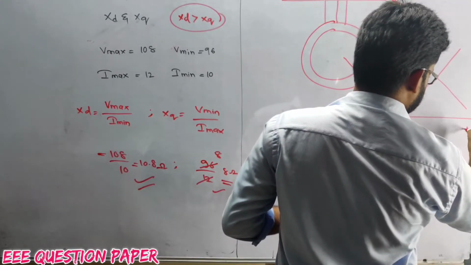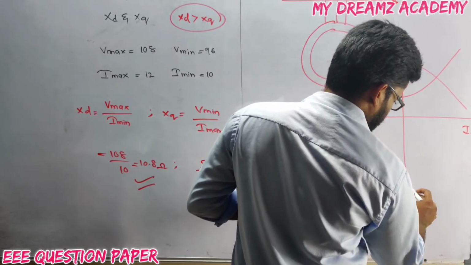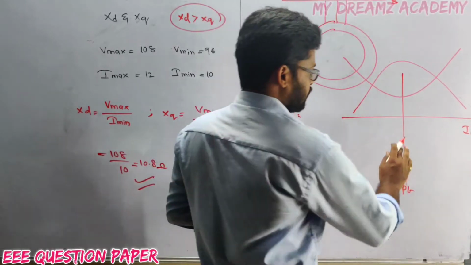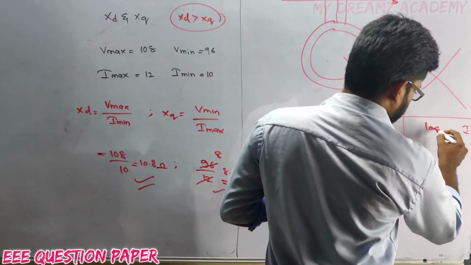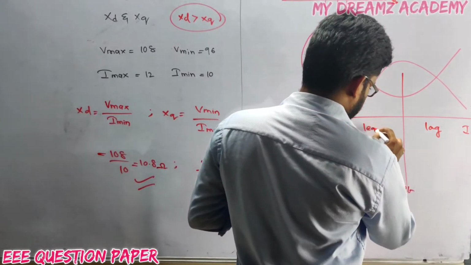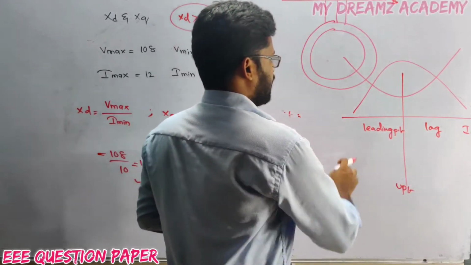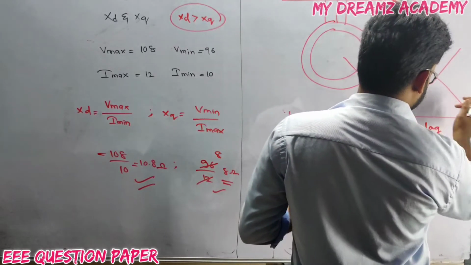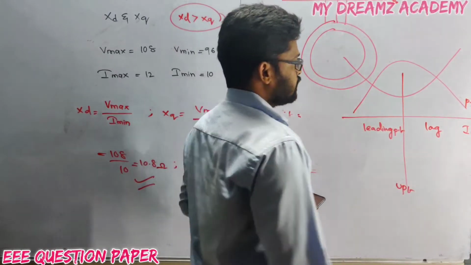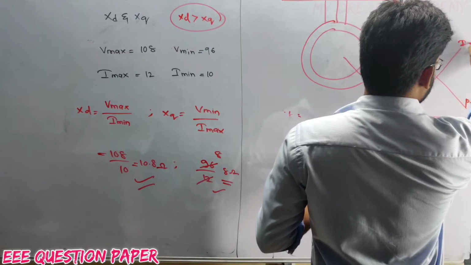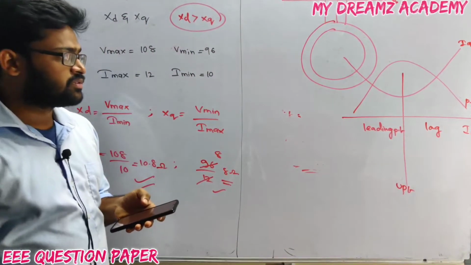This is the field current. This is UPF, unity power factor, and for the right side lagging power factor, left side leading power factor, and this is power factor. Okay, and this is armature current and power factor.